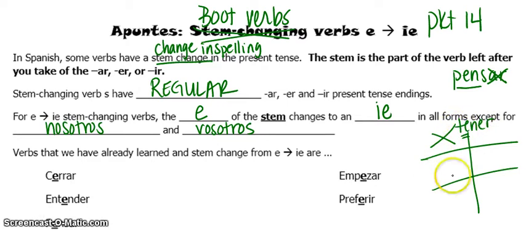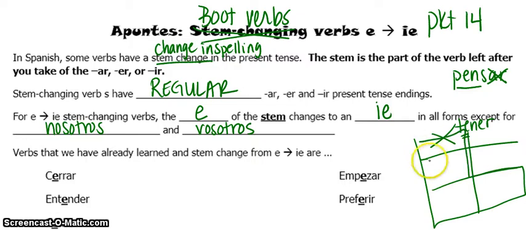It's an E to IE boot verb. We call it a boot verb because when you make that change, it kind of looks like a boot. So the tú form is tienes, and then él, usted tiene. Ellos, ellas, ustedes tienen, but then nosotros is tenemos. This is why, because tener is a boot verb.